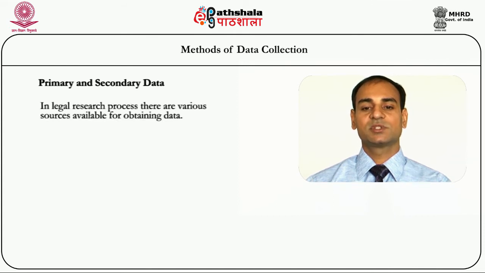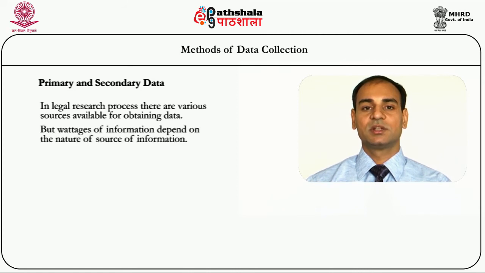In legal research process, there are various sources available for data collection, but for weightage of information for making any inference or making any principle or proposition, the weightage of individual evidence or data can be considered on the basis of the authority of source.